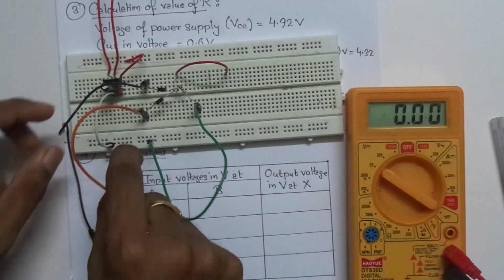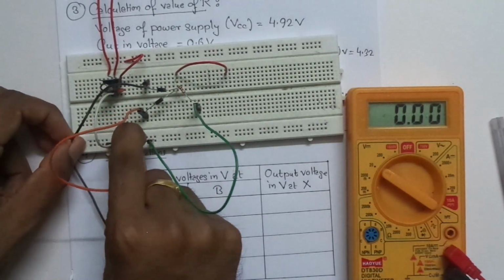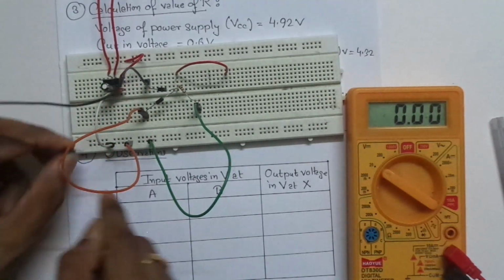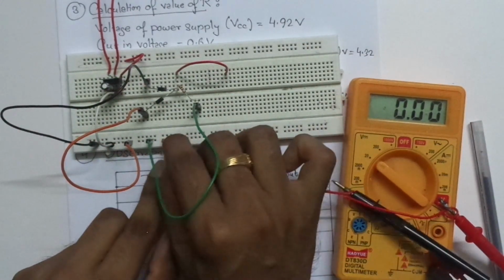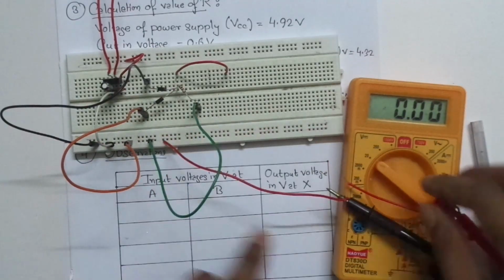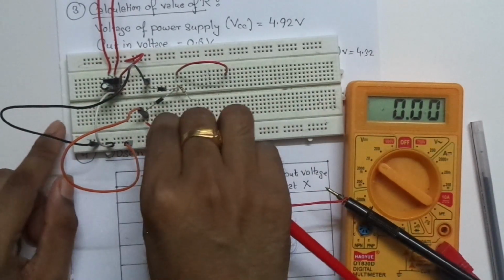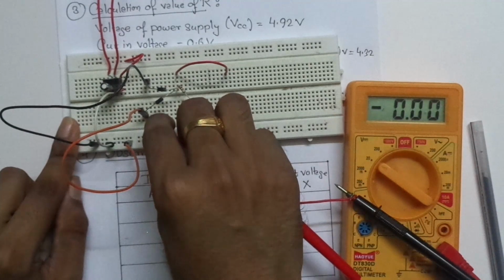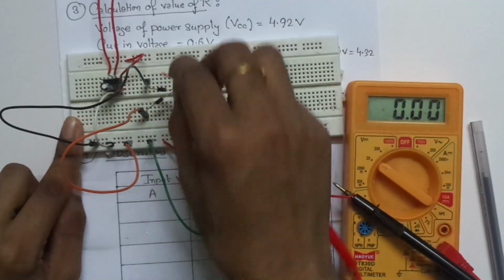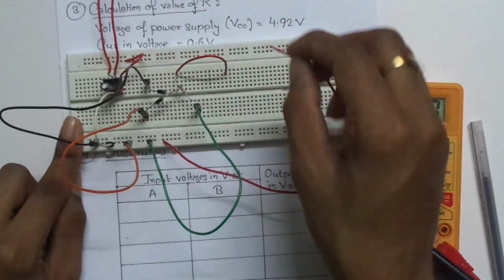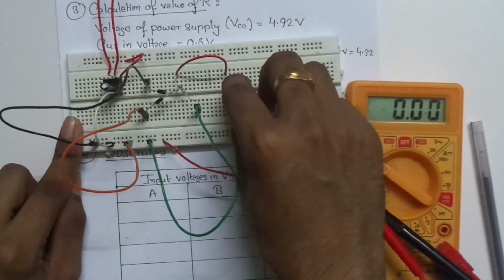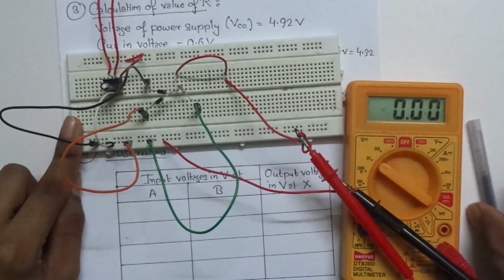So first let's put the two terminals to ground and check the input voltages at the inputs. The input voltage at B is 0 and the input voltage at A is also 0. Finally, the output voltage is also 0.